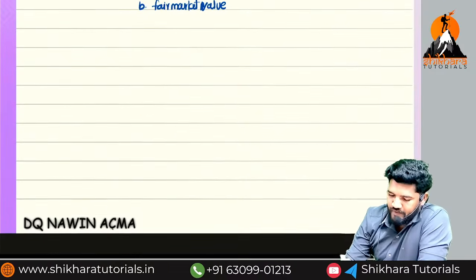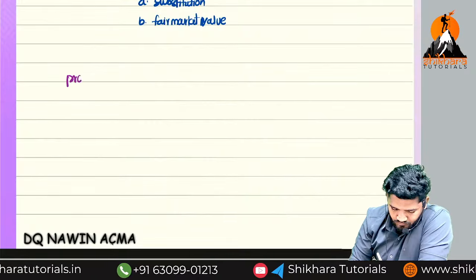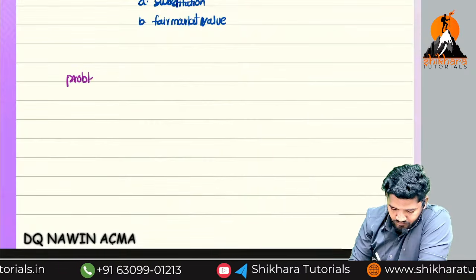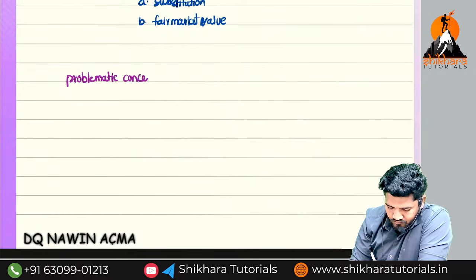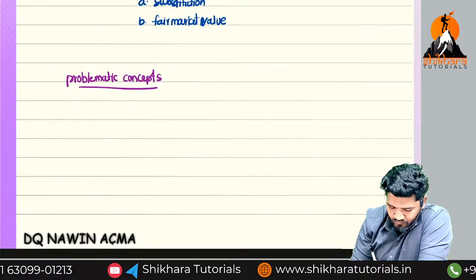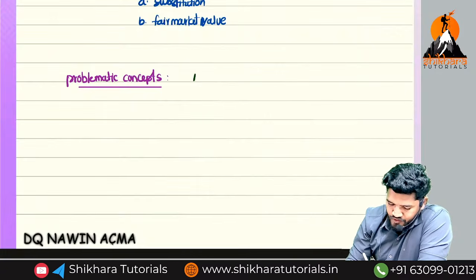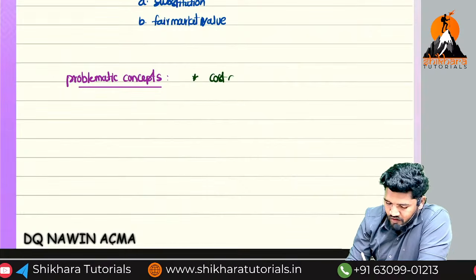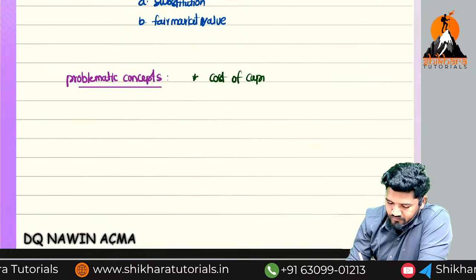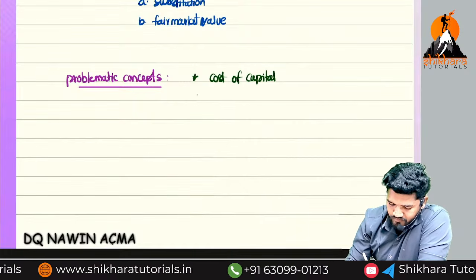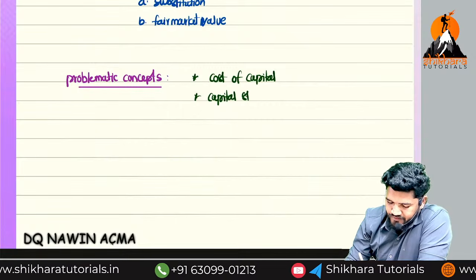The next, Nana, problematic portion. First you have to learn the cost of capital chapter. Next, capital structure.